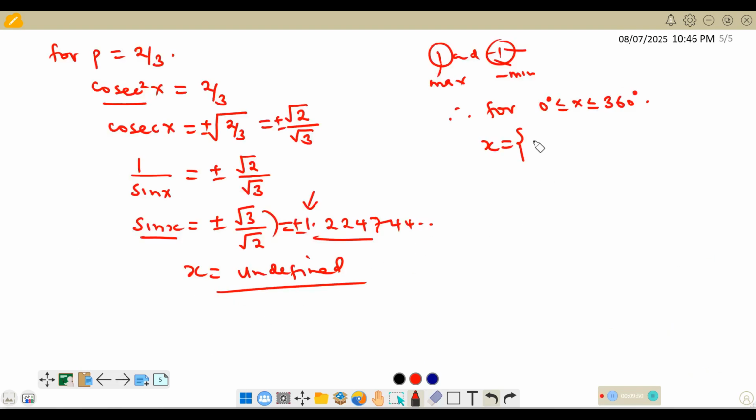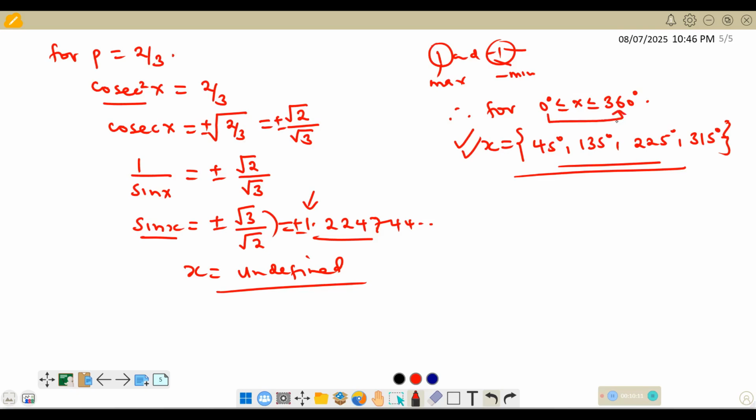So that means that our values for x will be 45 degrees, 135 degrees, 225 degrees, and 315 degrees. So these will be the values of x that will satisfy the given range, that is from 0 to 360 degrees.